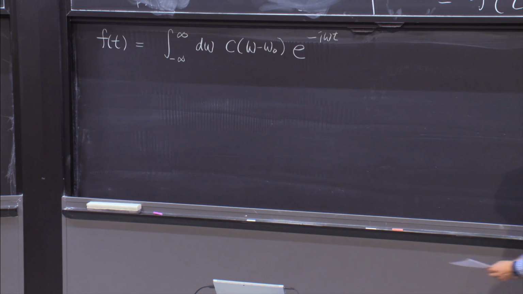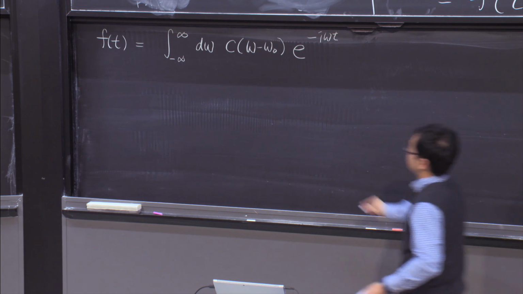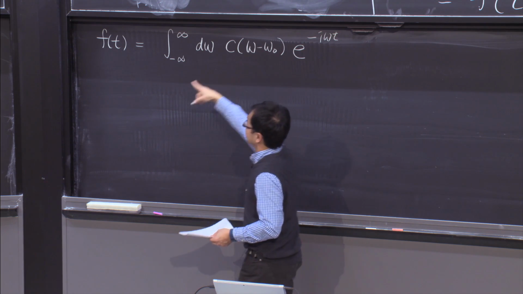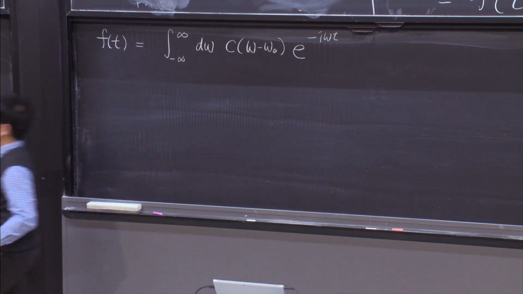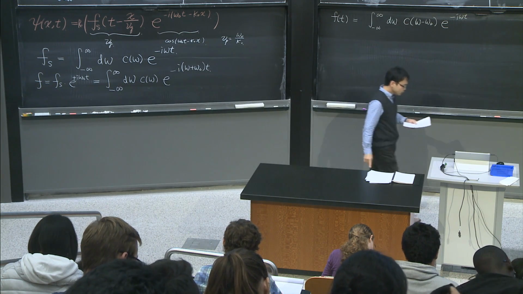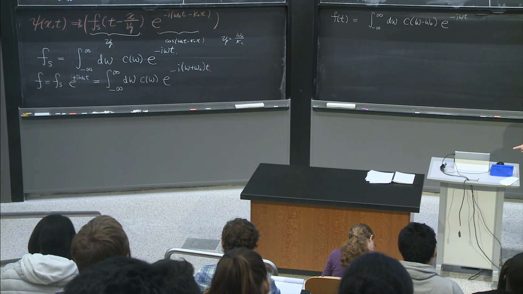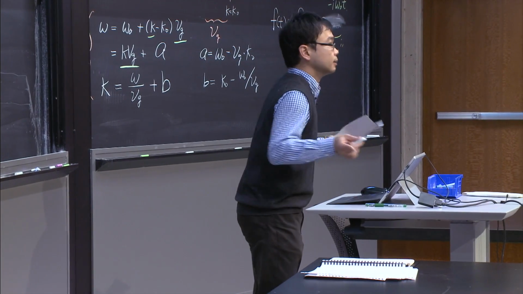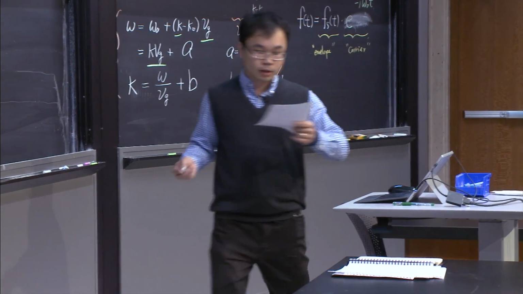Then we can see that there's a fixed relation between the c of the f function and the c of the fs function. So far everything is exact. I haven't made any approximation so far.